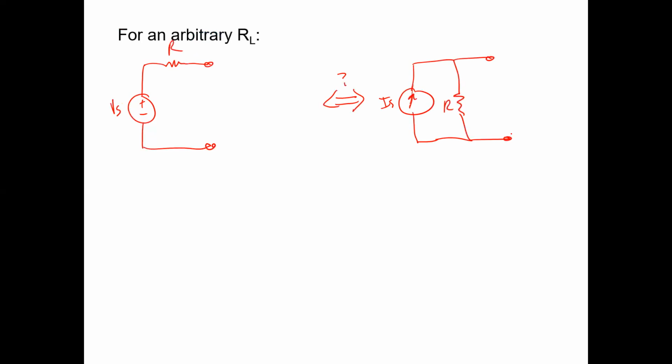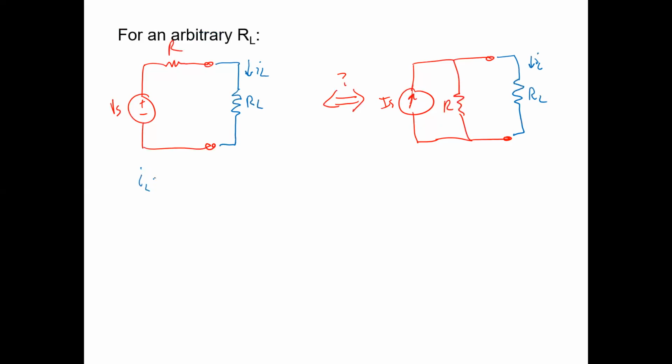We want these things to be equivalent. What we're doing now is adding an arbitrary load resistor to see if we get the same current going through it. If we can prove that we get the same current going through the load resistor when it's any value that you can think of, then we've established the full equivalency of these two circuits with each other.